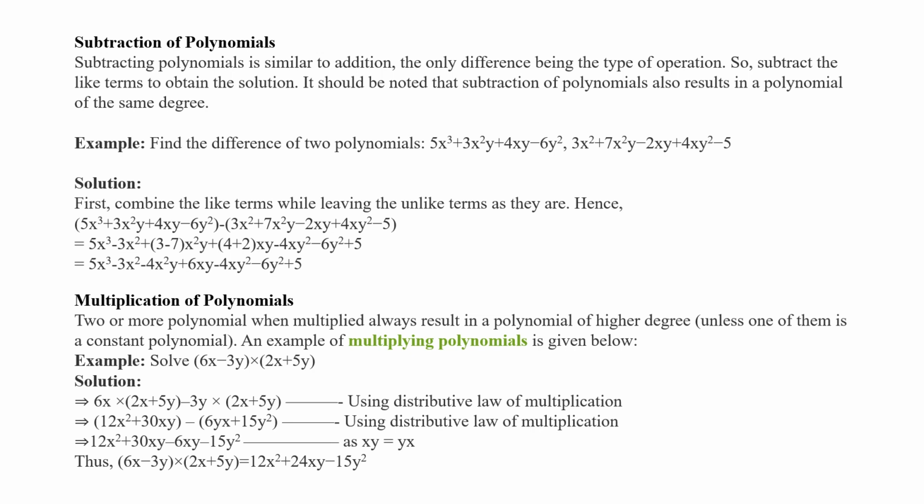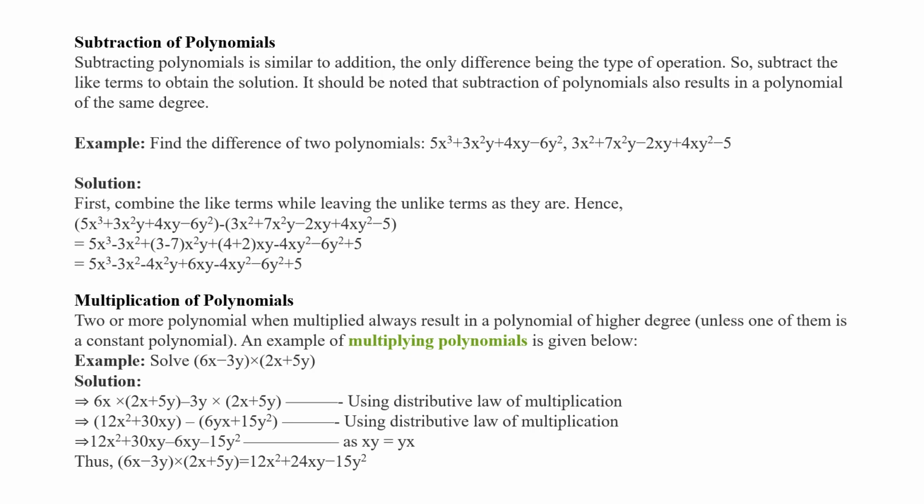Open the bracket: 6x into 2x. 6 into 2 is 12, and x into x is x square. Put a plus sign, because the operator in the bracket is addition.